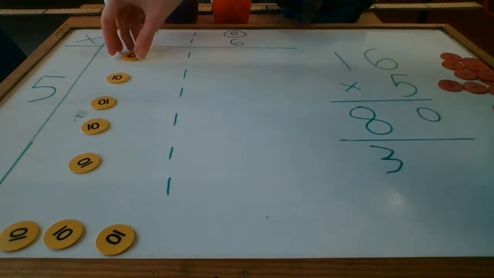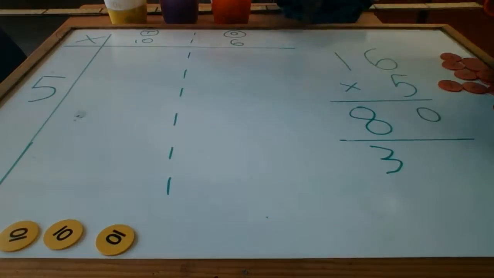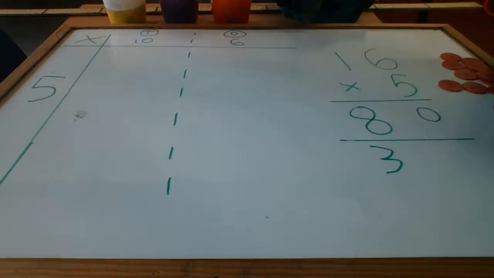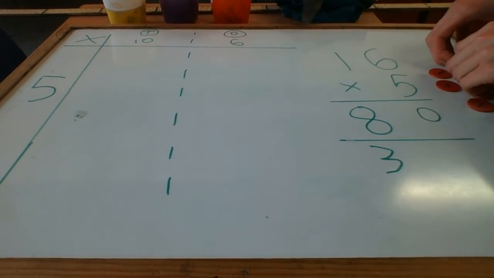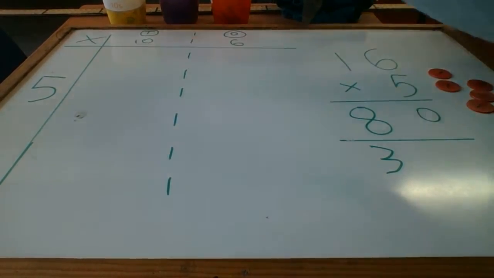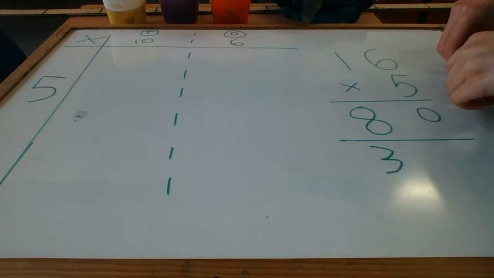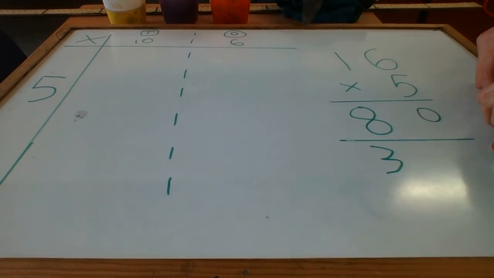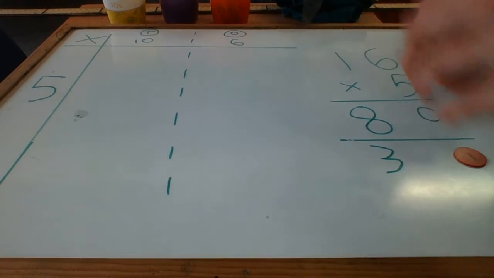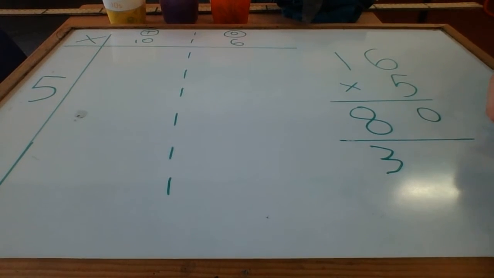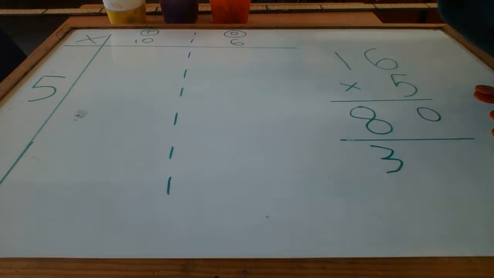So let's have a look at another example. One that's a little bit trickier. What happens if you have more tens than fit in the tens column? So I'm just going to tidy these up so that I have some space.